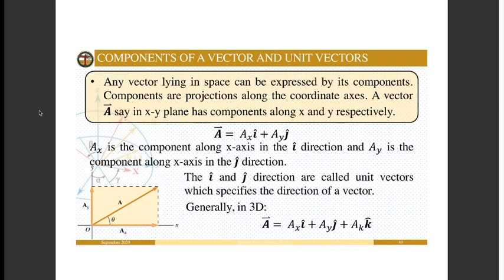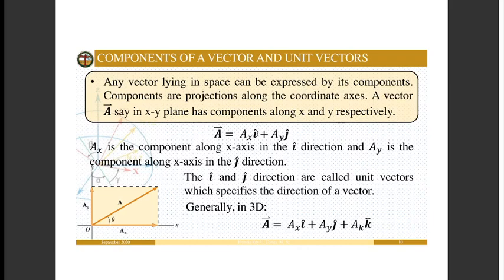Therefore, if we have this vector lying in the x and y axis, as you can see, a vector can always be expressed by its components. So we have A, the vector A, then Ax, this is the value of A projected along x, plus Ay, this is the value of A projected along the y-axis.